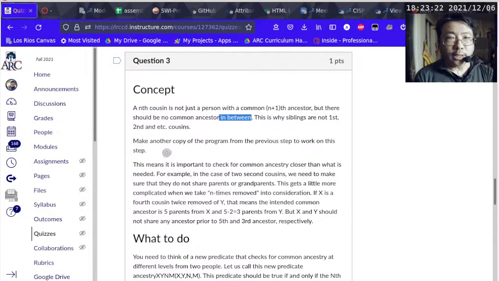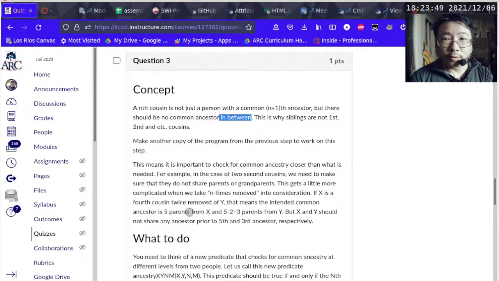I can keep reading it. Make another copy of the program. Okay, so that's just cloning, and then you just add one more function. This means it's important to look for common ancestry closer than what is needed. For example, in the case of 2 second cousins, we need to make sure that they do not share parents or grandparents. This gets a little more complicated when we take n times removed into consideration.